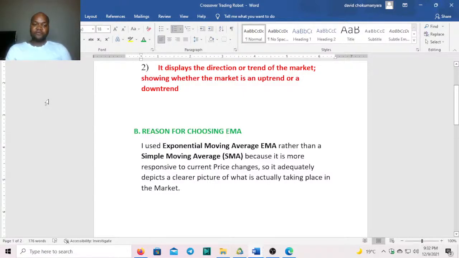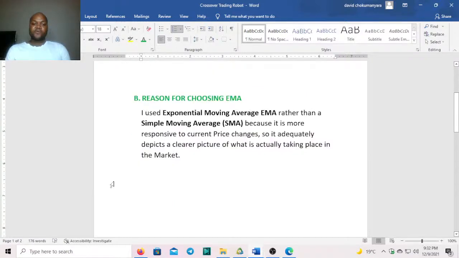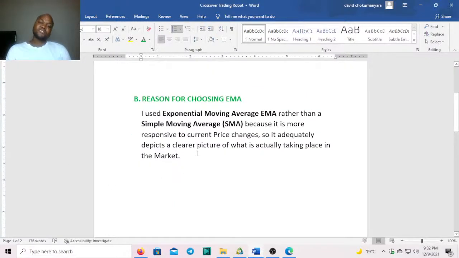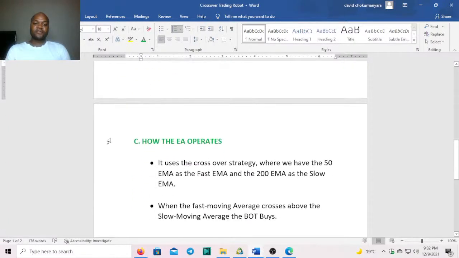If there are recent price changes, the exponential moving average adequately shows a clear picture of what is actually taking place in the market. So I'm not going to talk about how they are calculated. You can do research on that.